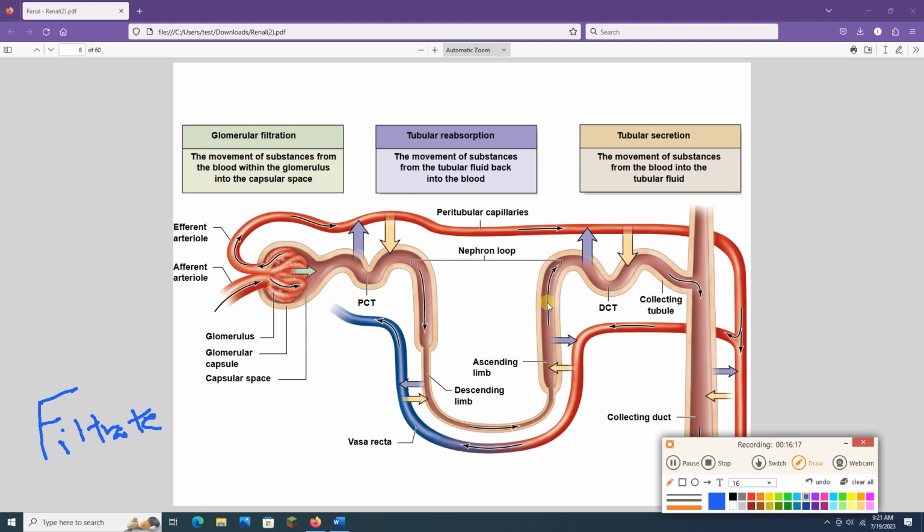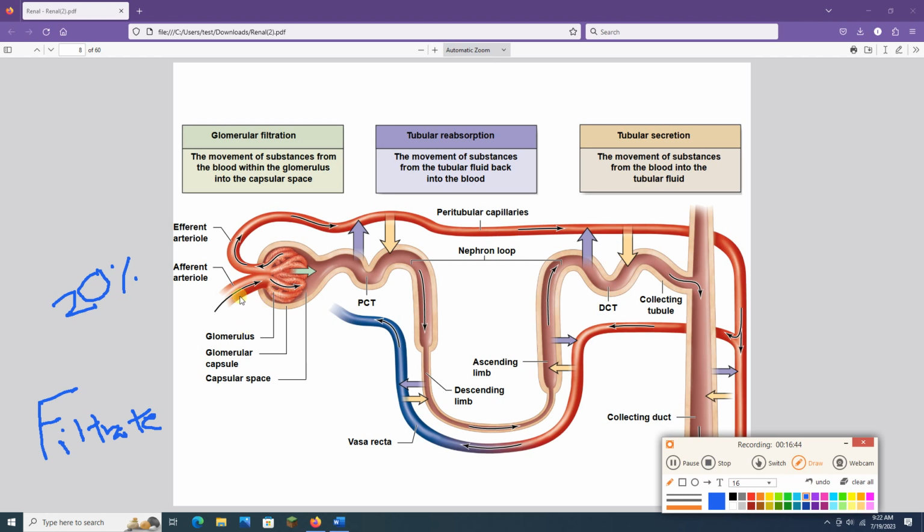The filtrate flows through these tubes, eventually becoming urine. Now, once blood filtration is done, we're not losing all the liquid, all the stuff in the blood. Maybe like 20% of the liquid and the solutes in the plasma becomes filtrate. The other 80% keeps going into the efferent arteriole.